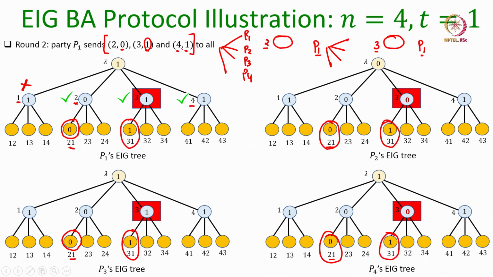And in the same way P1 is telling everyone that in its copy of the EIG tree, the node with label 4 has been assigned the value 1. So, that is why 4 followed by 1 will be assigned the value 1 in every party's EIG tree, namely this node.